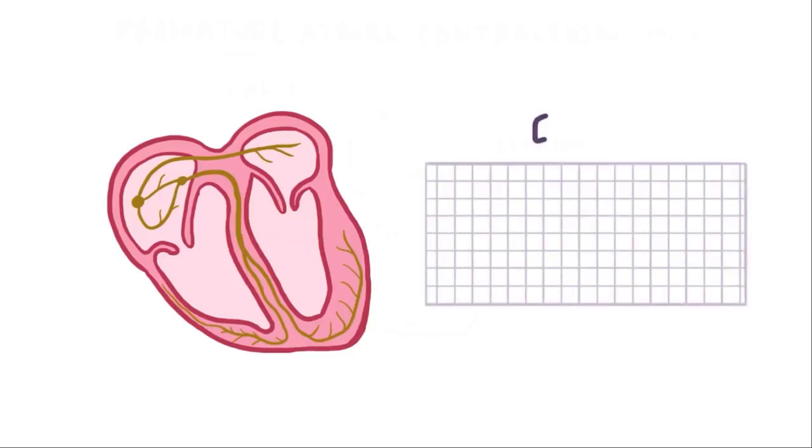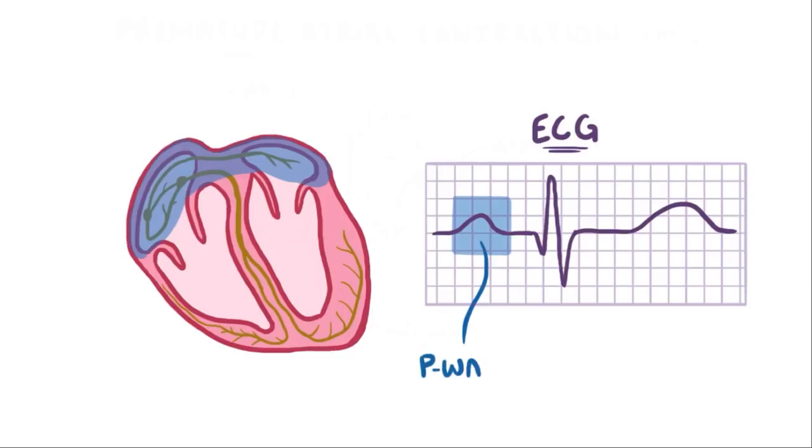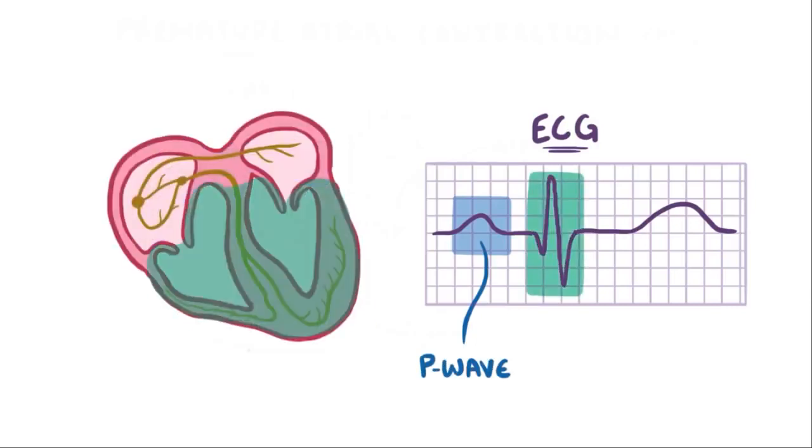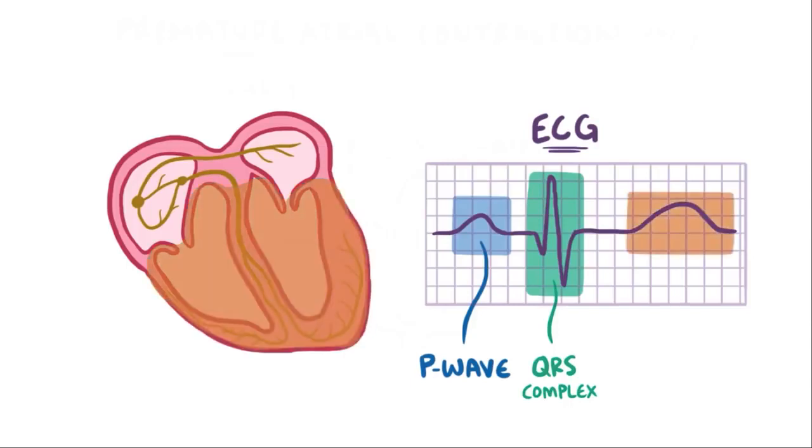On an electrocardiogram or ECG, which measures the electrical activity of the heart via electrodes that are placed on the skin, the atrial depolarization, and therefore its contraction, is seen as a P wave. The ventricular contraction is seen as a QRS complex, and the ventricular repolarization, and therefore its relaxation, is seen as a T wave.